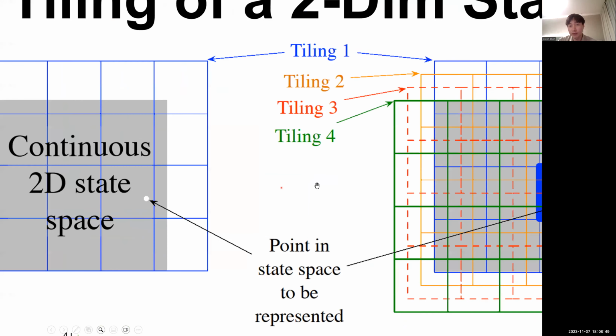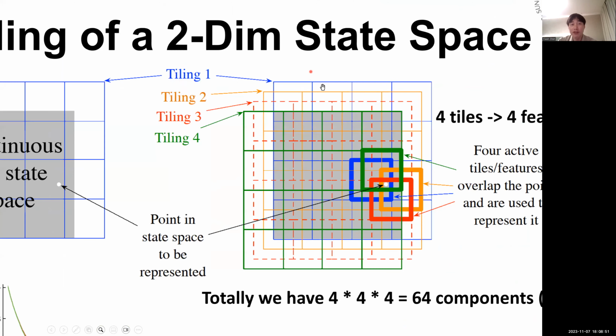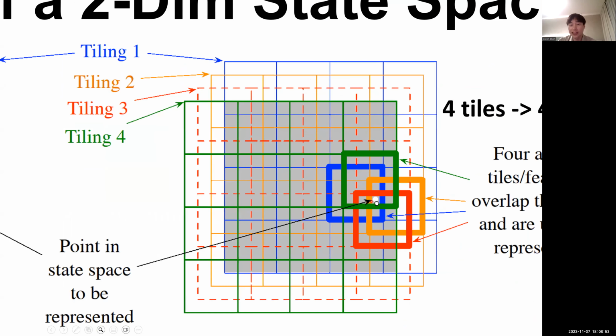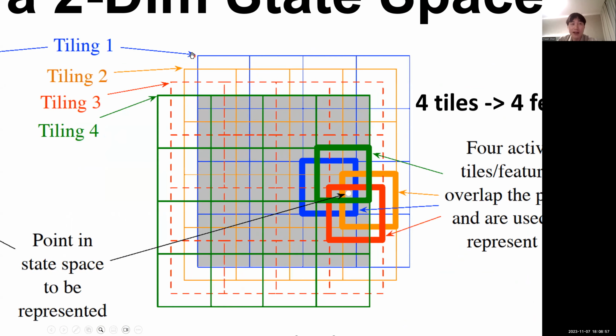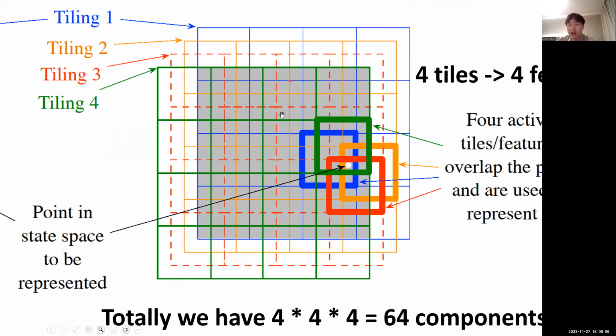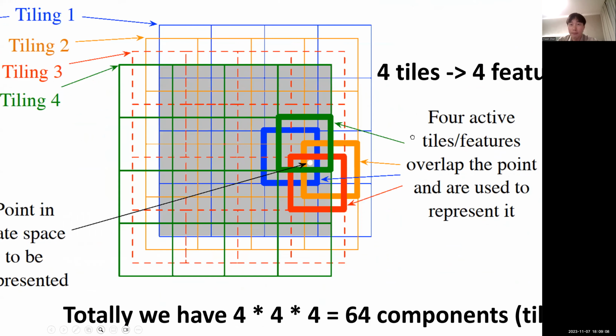Most of the time we use multiple tilings to represent states. In this case, we use 4 tilings, tiling 1, 2, 3, 4, to represent this continuous 2D space.